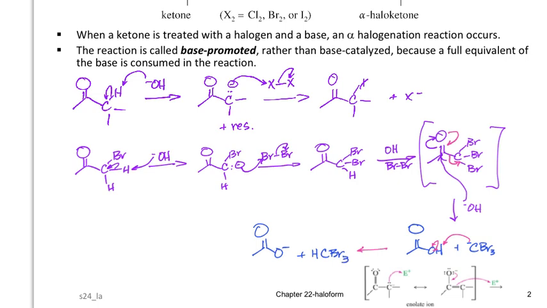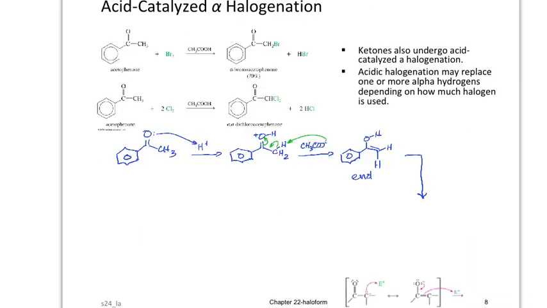Interestingly, if we have iodine, I2, that will form iodoform, which precipitates. And that's a CI3H precipitate, and that is a yellow solid. So that was a test for a methyl ketone. So that's what happens in base.